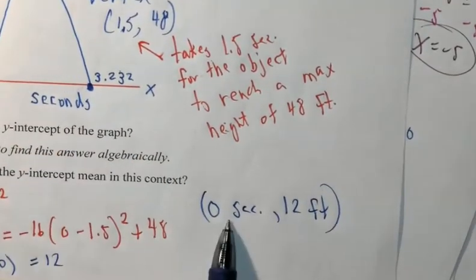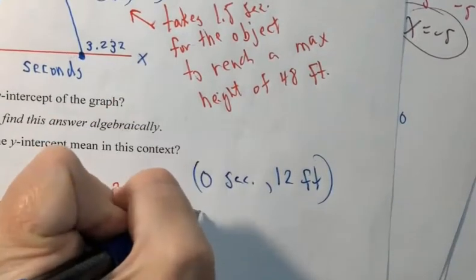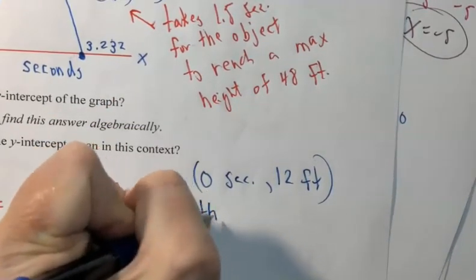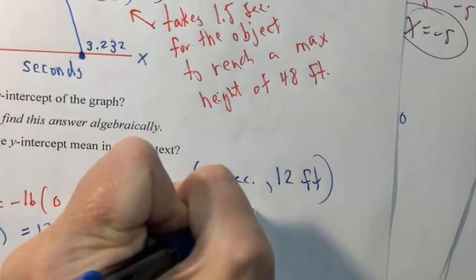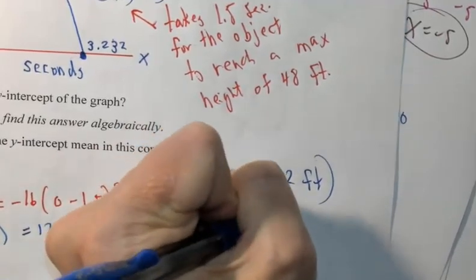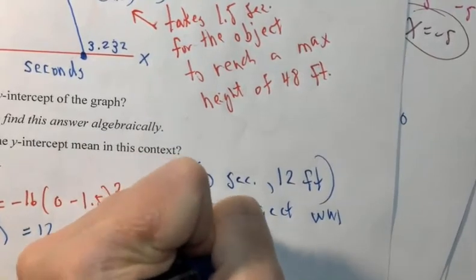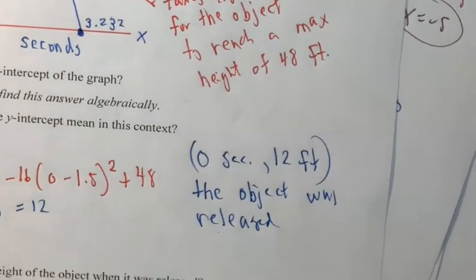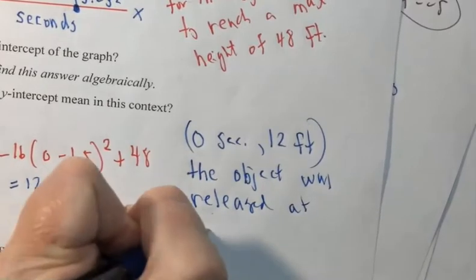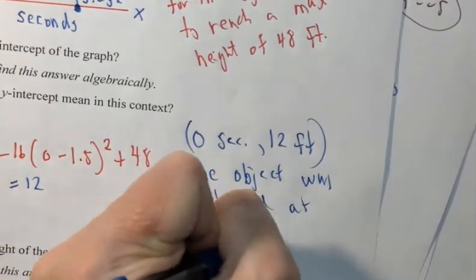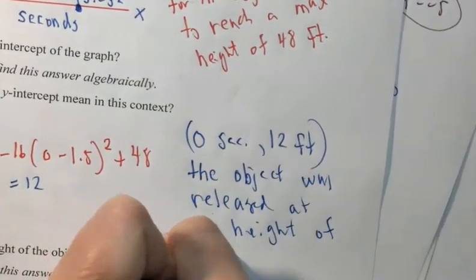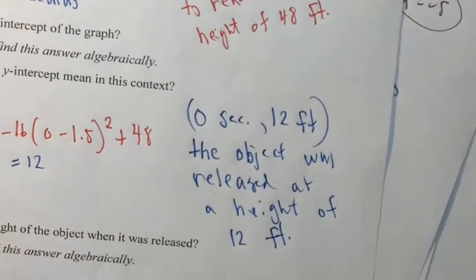So that's your ordered pair, and that means the object was released at 12 feet, or it was released at a height of 12 feet. So that's what it means.